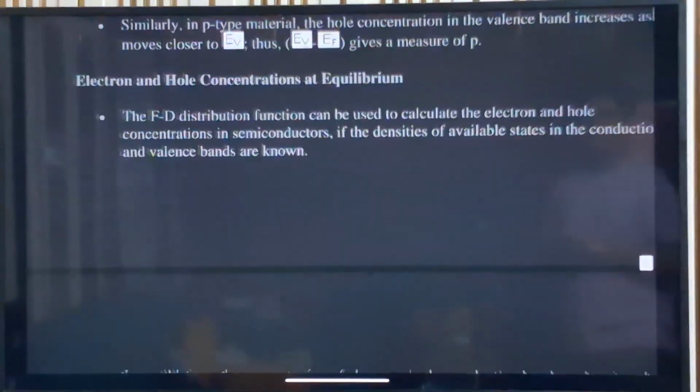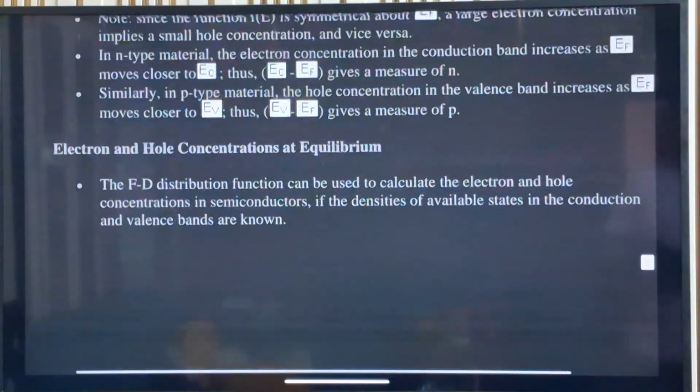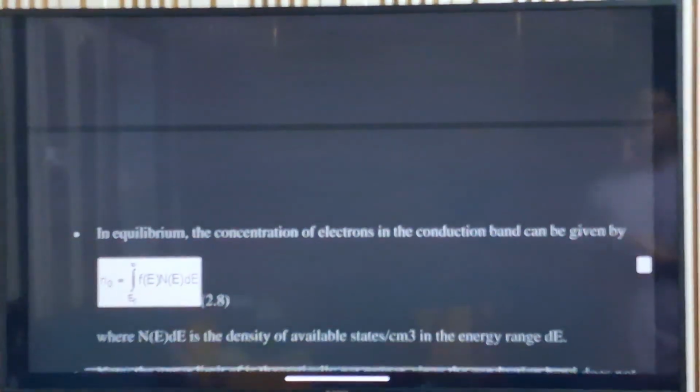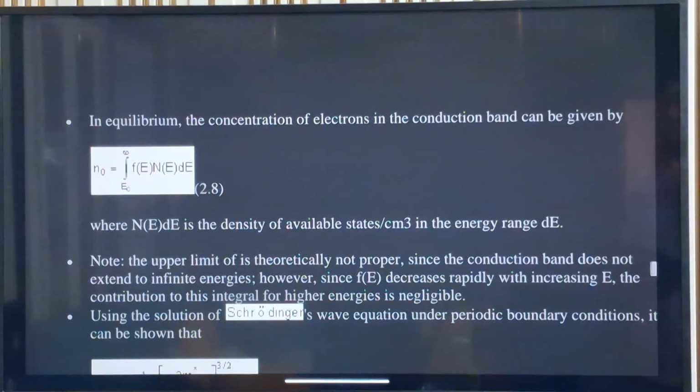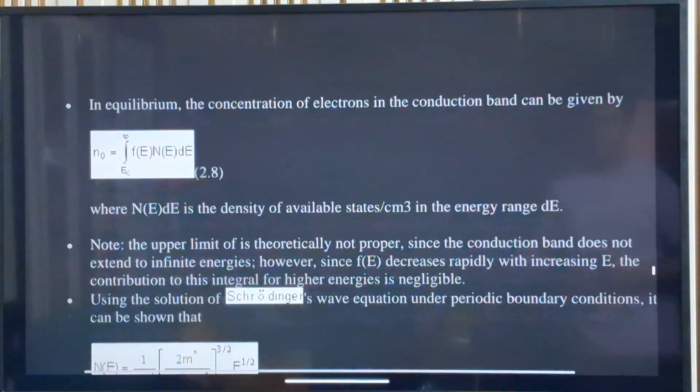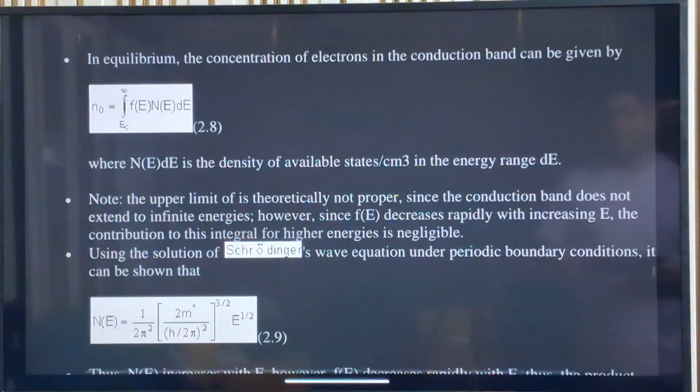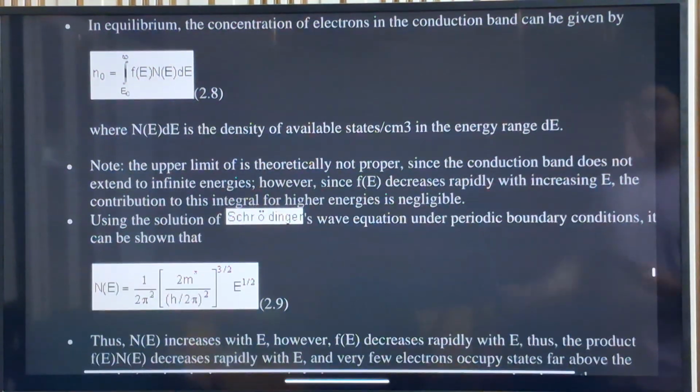So at higher energy levels, it is basically negligible, and so we can simply ignore the fact that we are taking the energy level to infinity, right? It very quickly approaches zero, so at higher energy levels it does not make a change in the integral. EC is proper, however, the infinity limit is not proper, but we can simply ignore that fact.